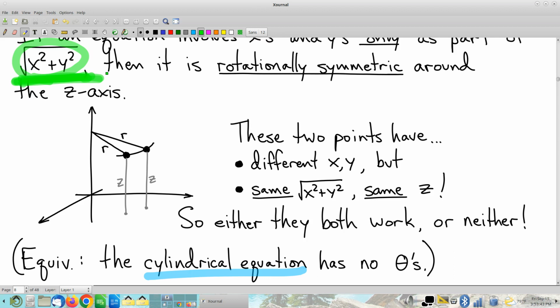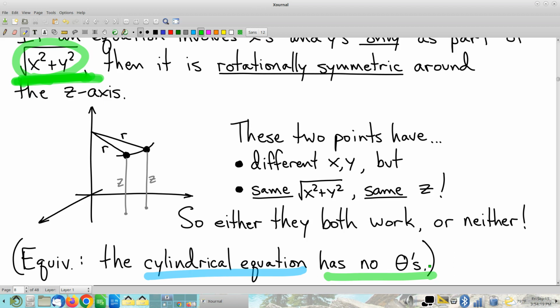Let the Pythagorean equation sort of work for me there, right? Everywhere I see this, I put r. That's the only x's and y's. By assumption, x and y don't appear anywhere else other than as part of what's going to turn into r. So there's no opportunities for thetas to show up then in the first place. And if your equation doesn't have any thetas in it, previously discussed, no thetas means rotationally symmetric around the z-axis. All right, is that cool?